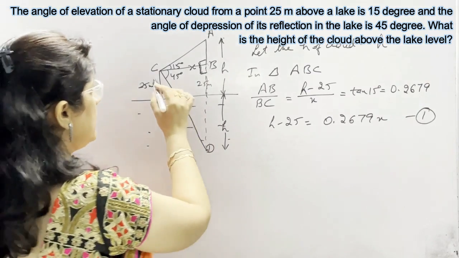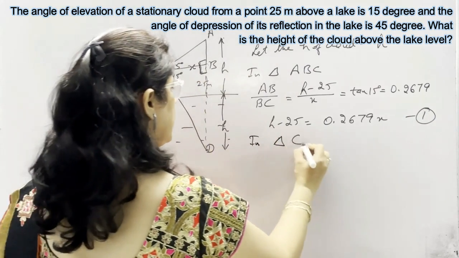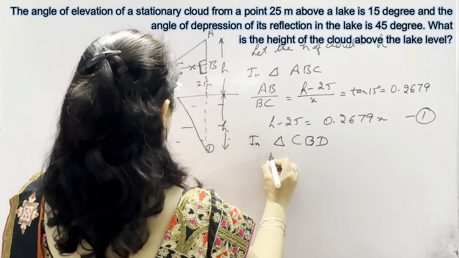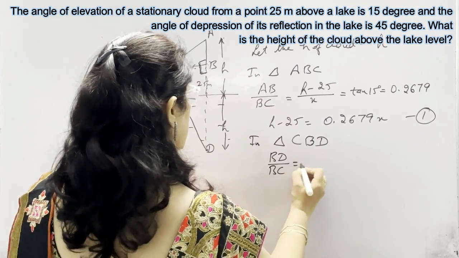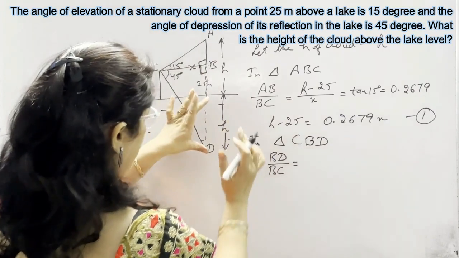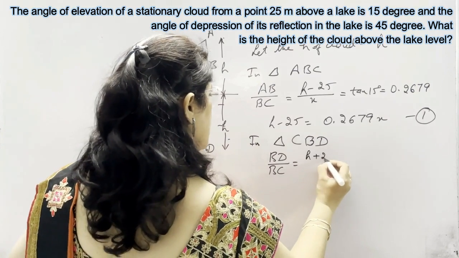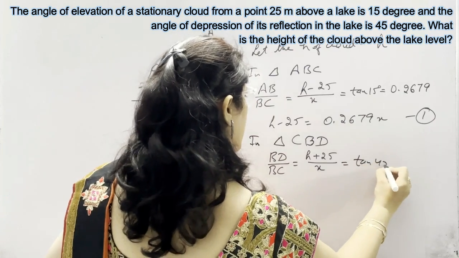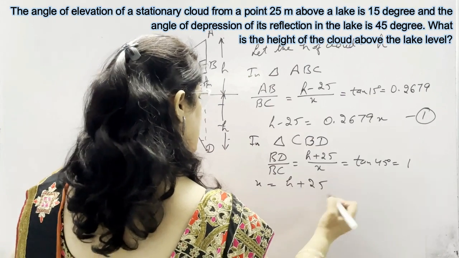Now in the next triangle, which is CBD, BD upon BC is equal to tan 45. Now what is the value of BD? H here and 25 here. So H plus 25 is BD, upon BC is X, and the value of tan 45 is 1. So X is equal to H plus 25.